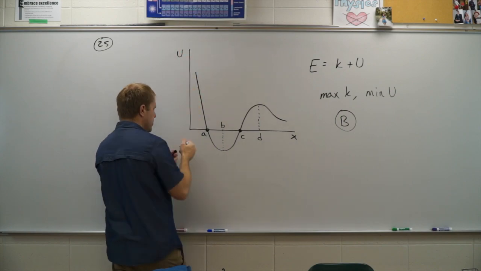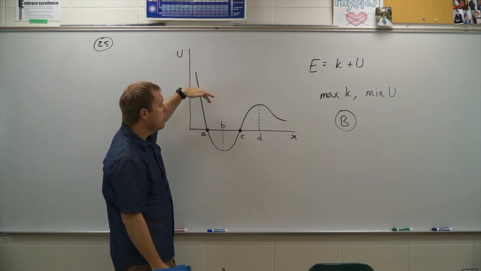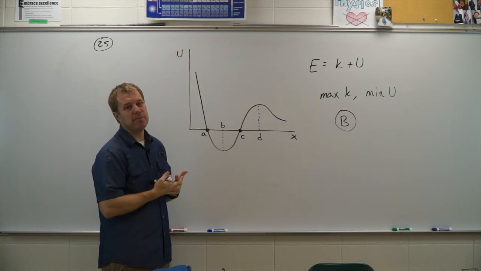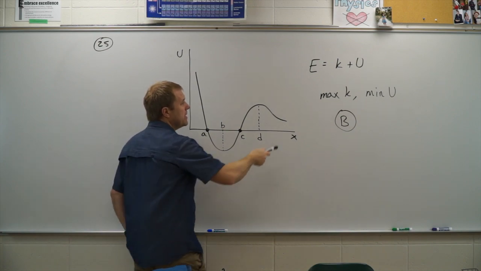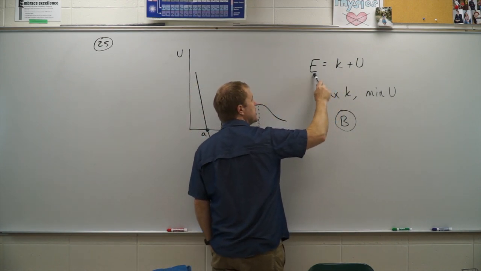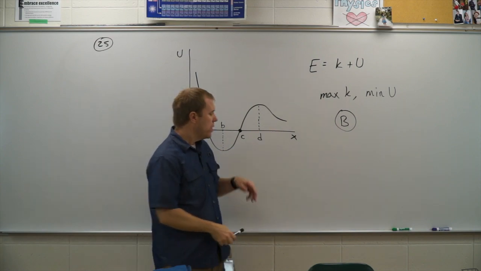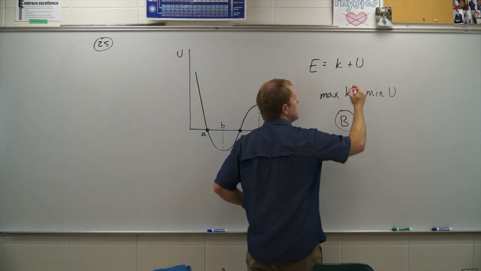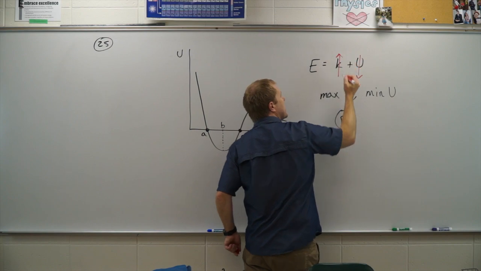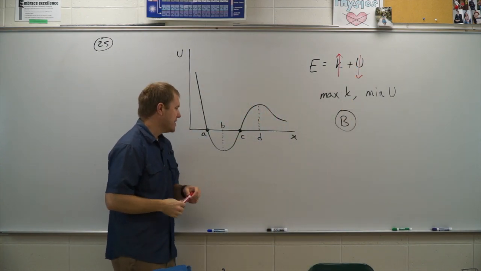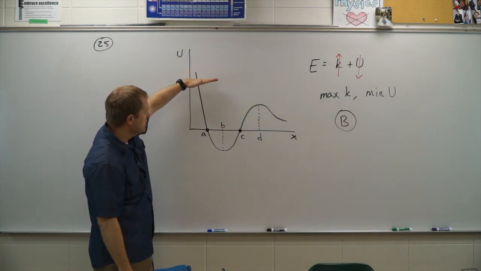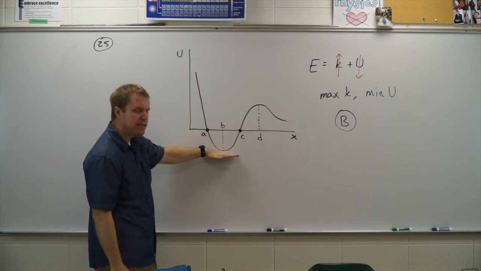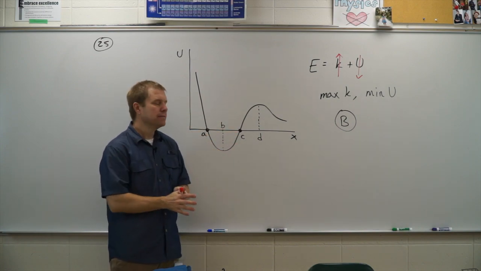We want to know when we have a maximum kinetic energy. Because the kinetic energy plus the potential energy equals the total amount of energy, whenever the potential energy is a minimum, the kinetic energy is going to be a maximum. So I'm looking for where potential energy is the lowest, and it's the lowest at B. And there you go.